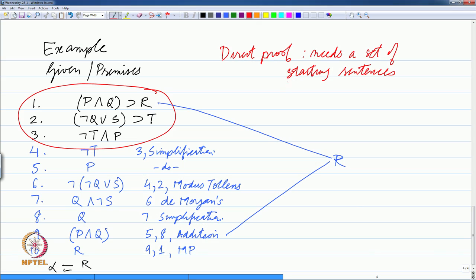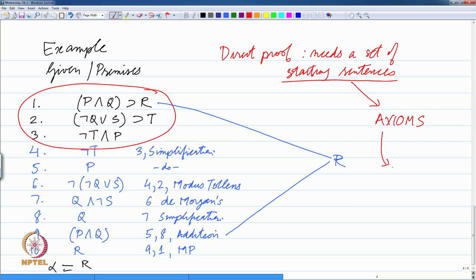Now, these starting sentences are called axioms. By axioms we mean something that we accept as true, and there are 2 kinds of axioms.